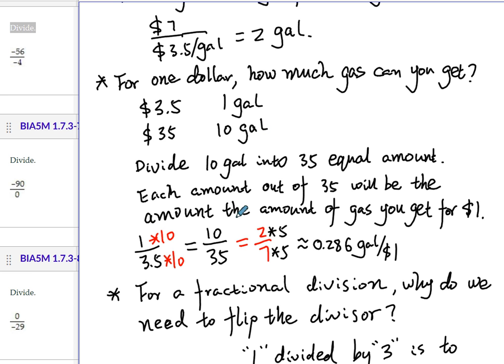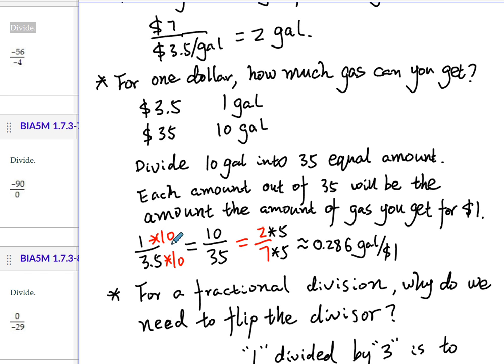So basically right here, what you have is 10 gallons, you want to divide 10 gallons into 35 equal parts. So that's 10 divided by 35. So it's actually 1 divided by 3.5. Both numerator and denominator multiplied by 10.